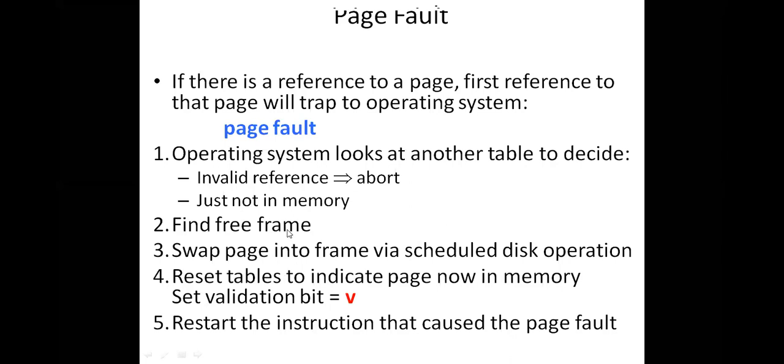After keeping the page in the free frame, we need to reset the page table. That means now the page is in main memory, so we need to change the I to V, valid. And next, restart the instruction that caused the page fault.